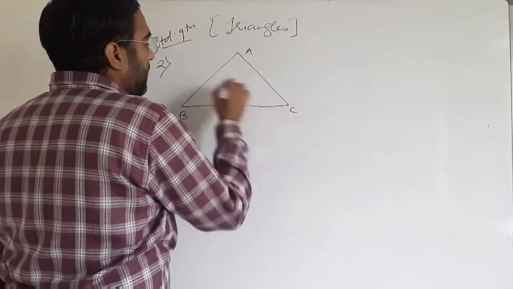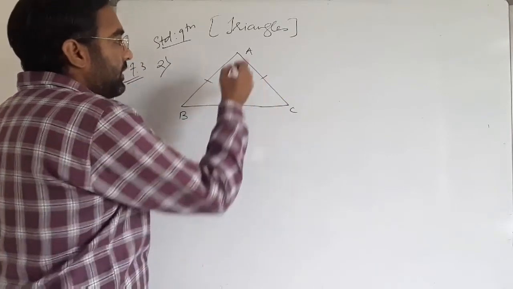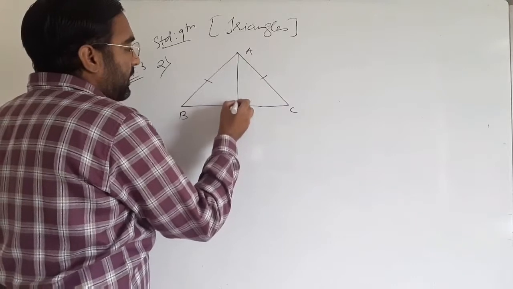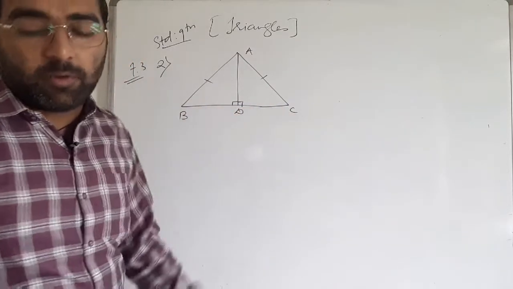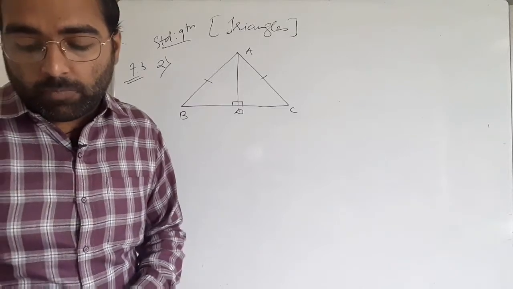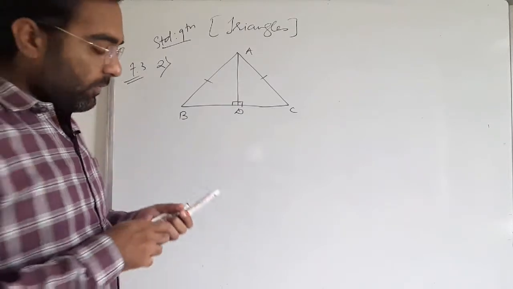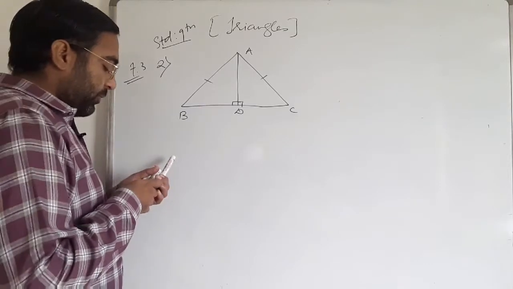ABC is an isosceles triangle, so AB is equal to AC, and AD is the altitude on BC. Altitude means they form 90 degrees.